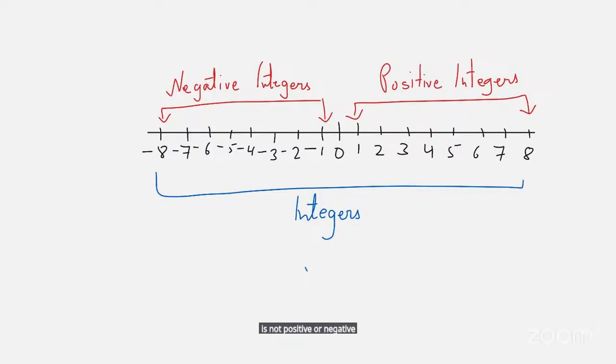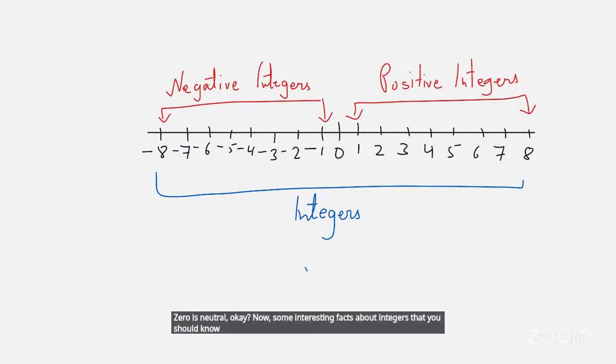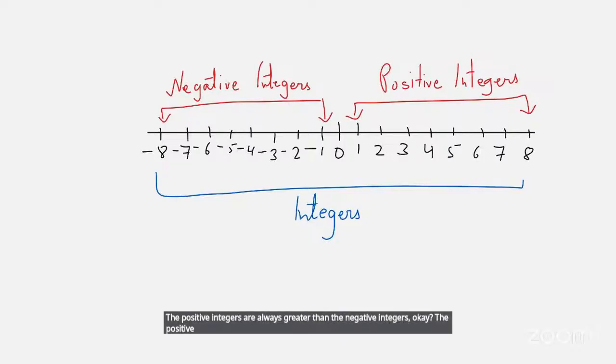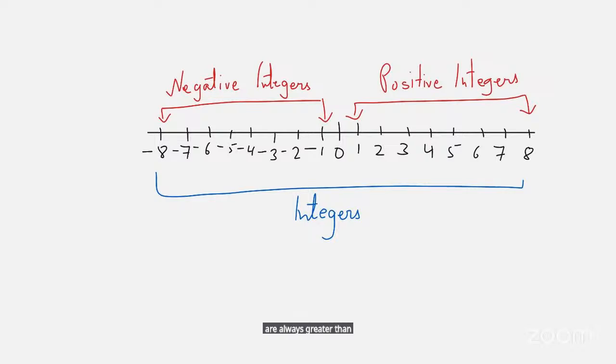Neutral, you can say. Zero is neutral. Now, some interesting facts about integers that you should know is that the positive integers are always greater than the negative integers. I will write that.